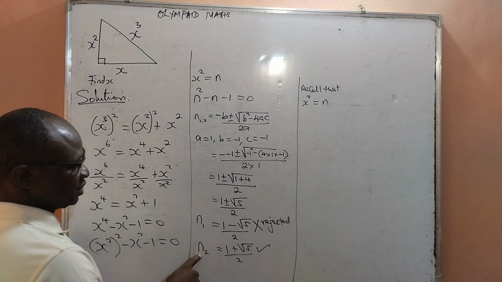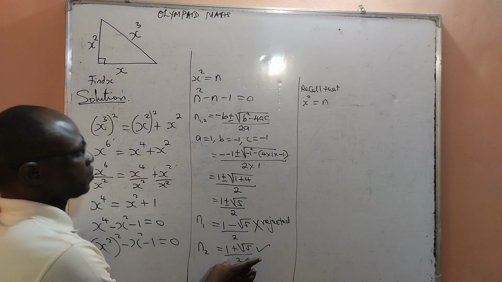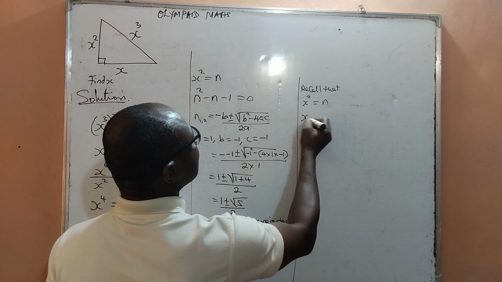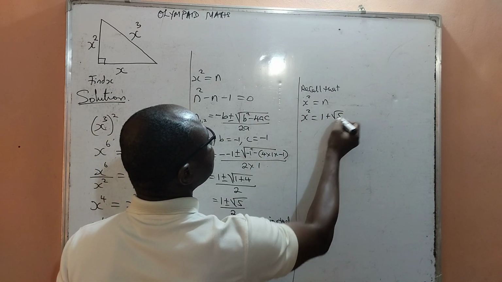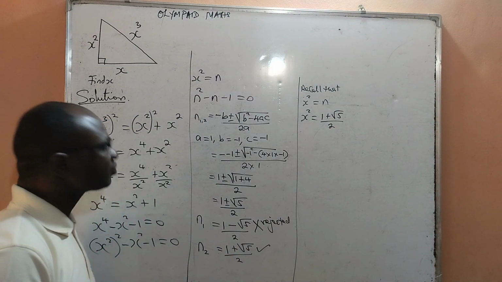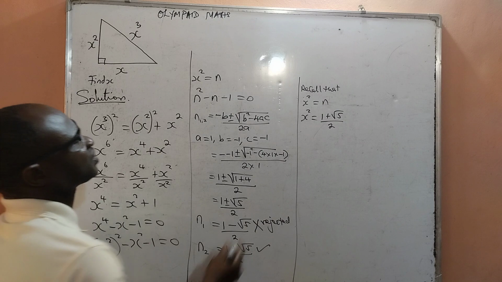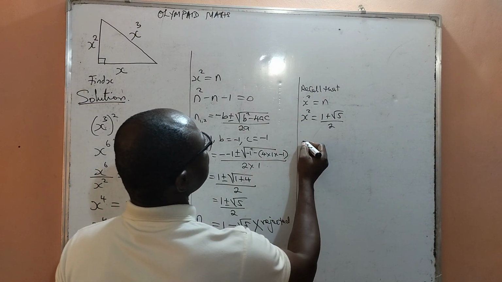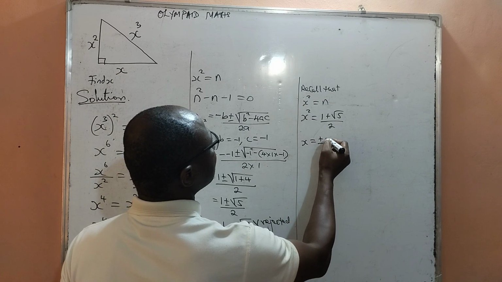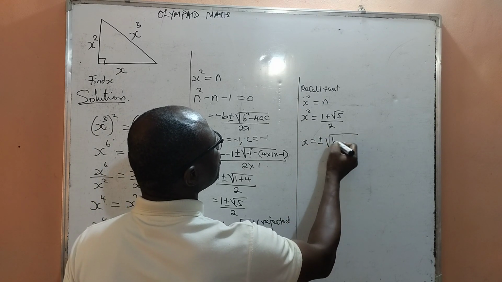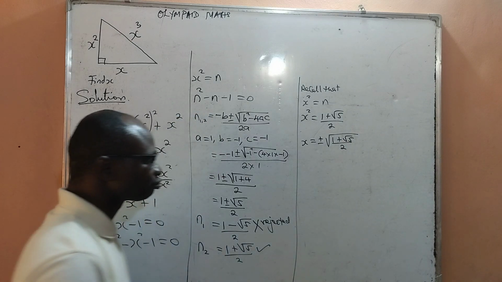So I will replace n with n2, the positive real value, so x squared is equal to 1 plus the square root of 5 all over 2. To clear this square, I will take the square root on both sides, and on the left, the square root of x squared gives x equal to plus or minus the square root of 1 plus the square root of 5 all over 2.